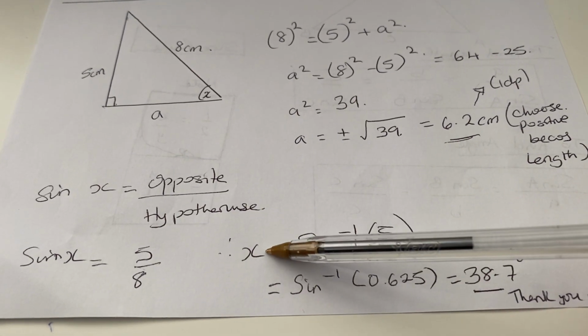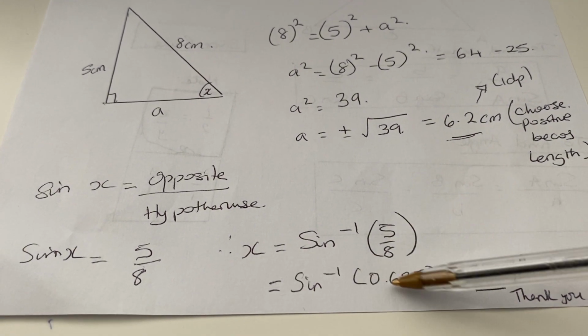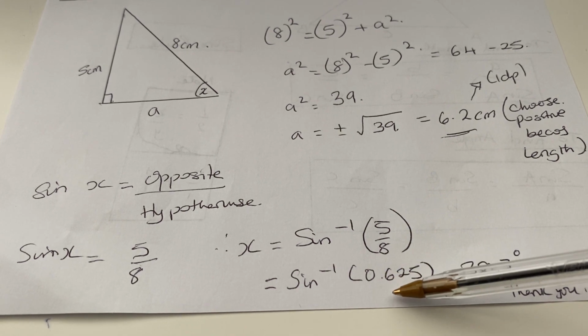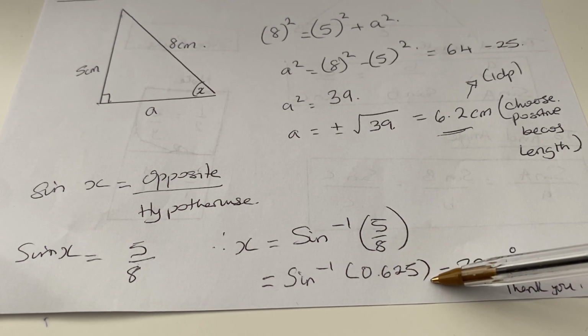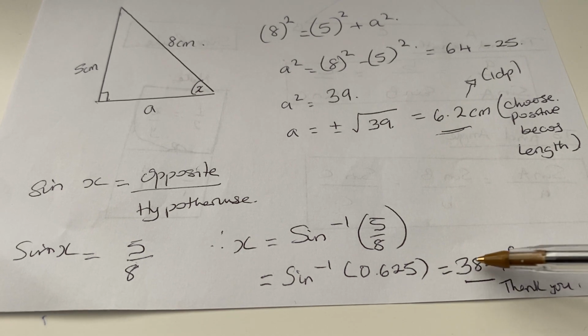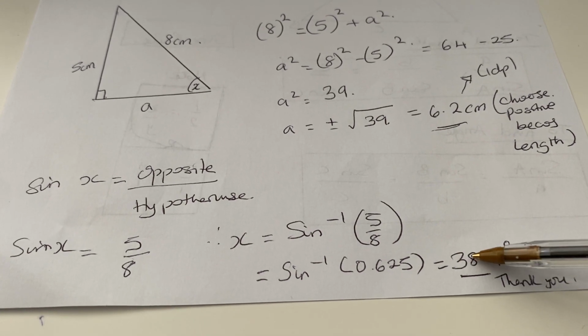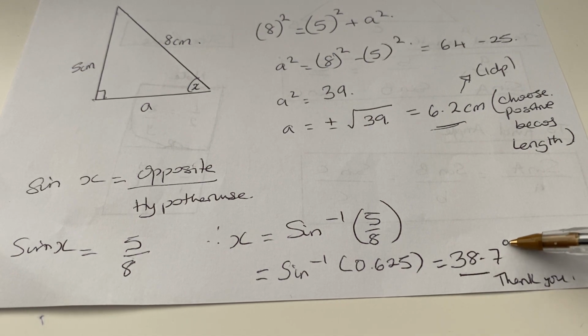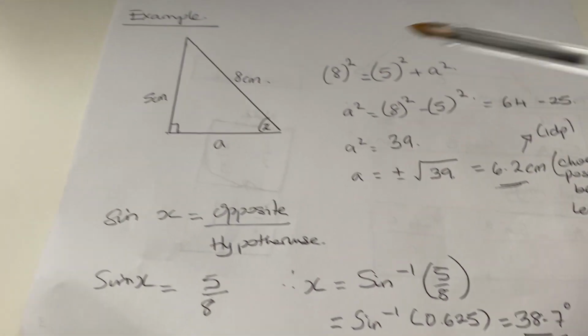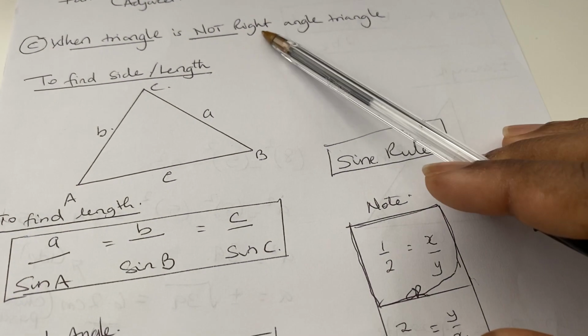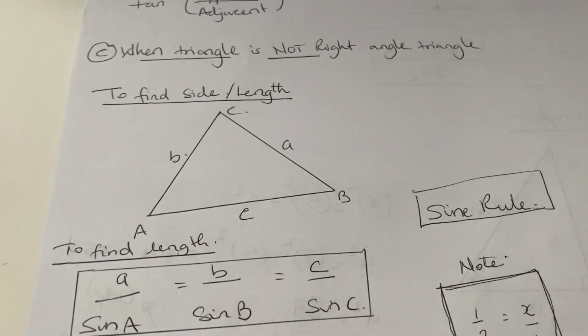To find x, the angle, it will be the sine inverse of 0.625. If you do that correctly on the calculator, you get 38.7 degrees.